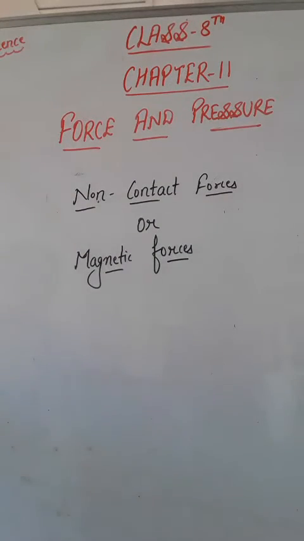Here I am not touching this magnet to give it movement. In this activity, a magnet exerts a force on another magnet without being in contact with it. So these types of forces are known as magnetic forces and also non-contact forces.